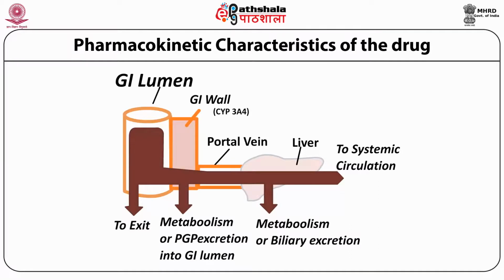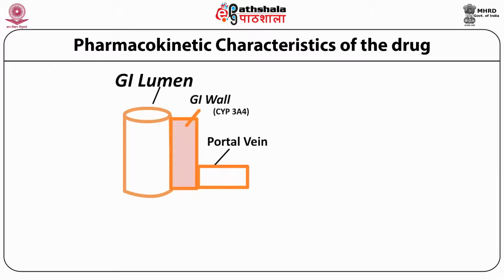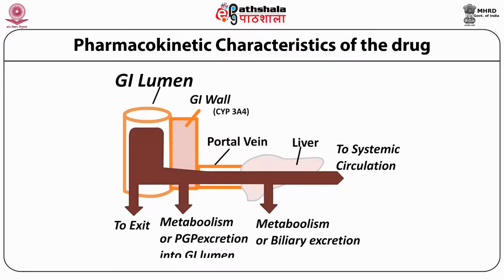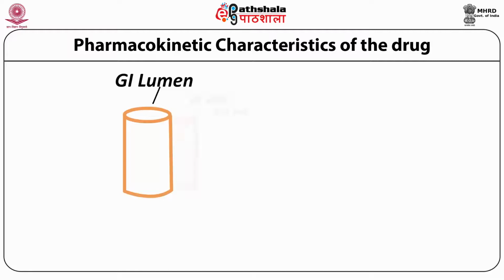From there, after traversing that particular area, it goes to the portal vein and finally enters into the liver. This liver is a hub for majority of metabolism, and metabolism can happen via different routes and different transformations, and some biliary excretion also happens. And after this whole process, the drug then enters into the systemic circulation.